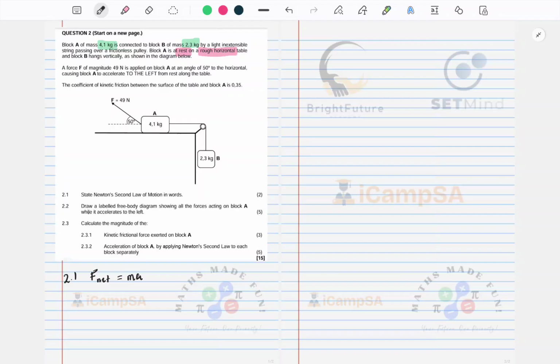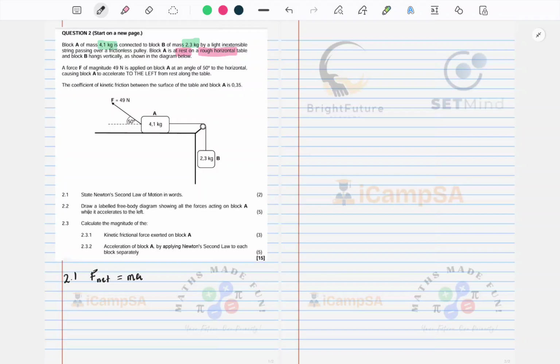And then it's inversely proportional to the mass of the object. So if you increase the mass, the acceleration is going to decrease. That's what is happening here.